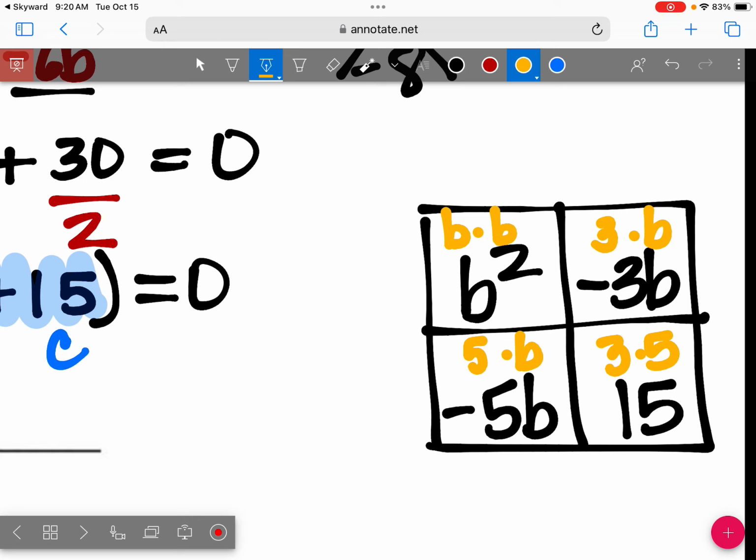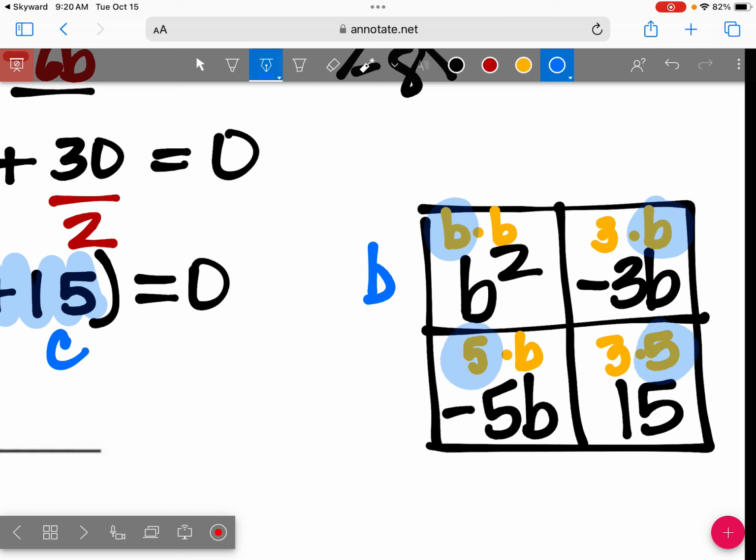Look at each column, and then look at each row. So we got a B that comes out first. And then this second column, or second row, I could take out a 5.